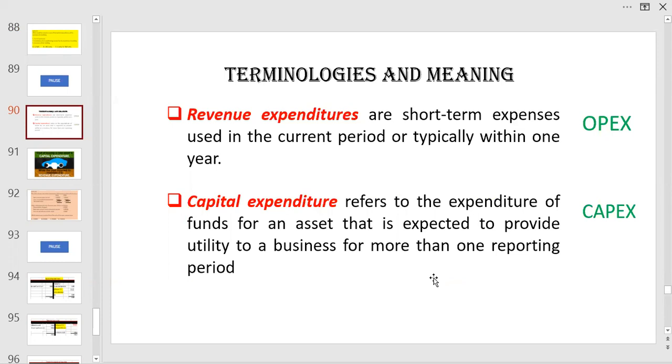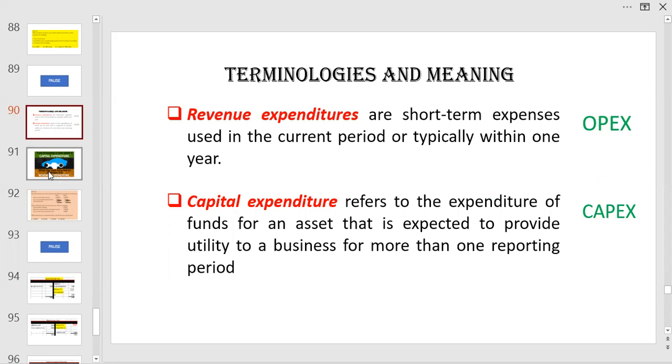Then that is known as capital expenditure. Revenue expenditures are normally short-term expenditures that will perhaps last only for a particular year at the most. With a small prepayment, it can just tip into the next period also. But basically, it is a short-term expenditure.